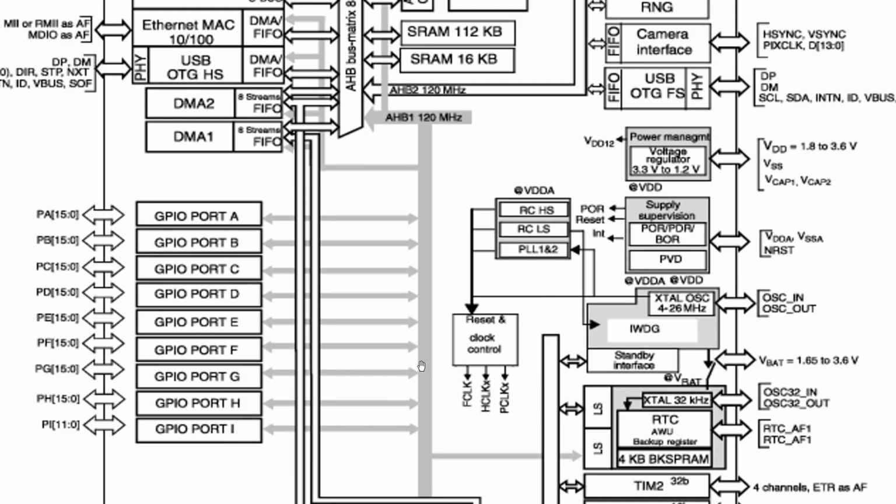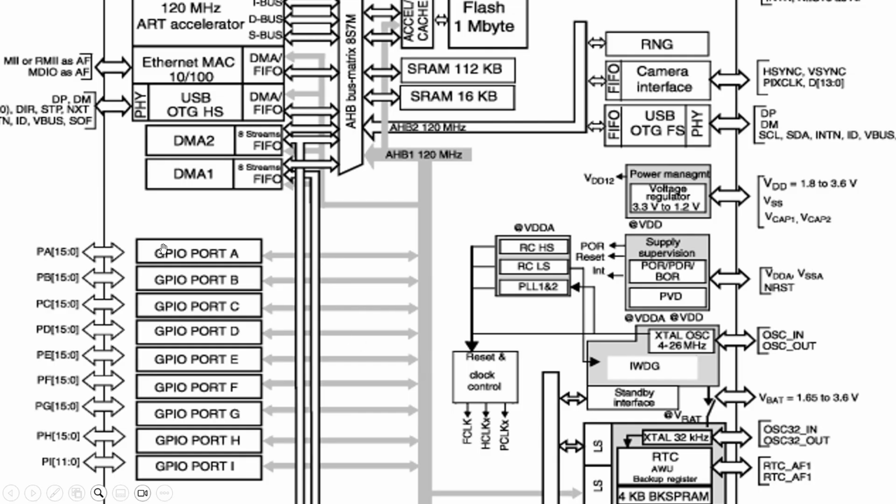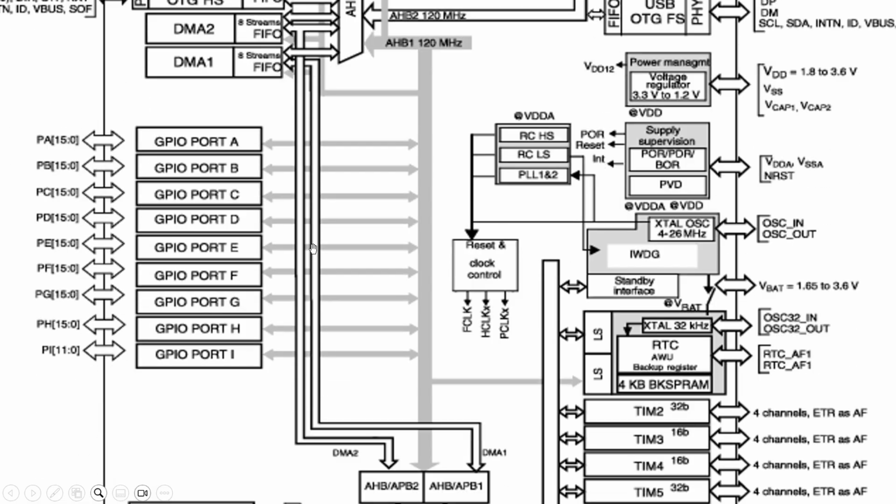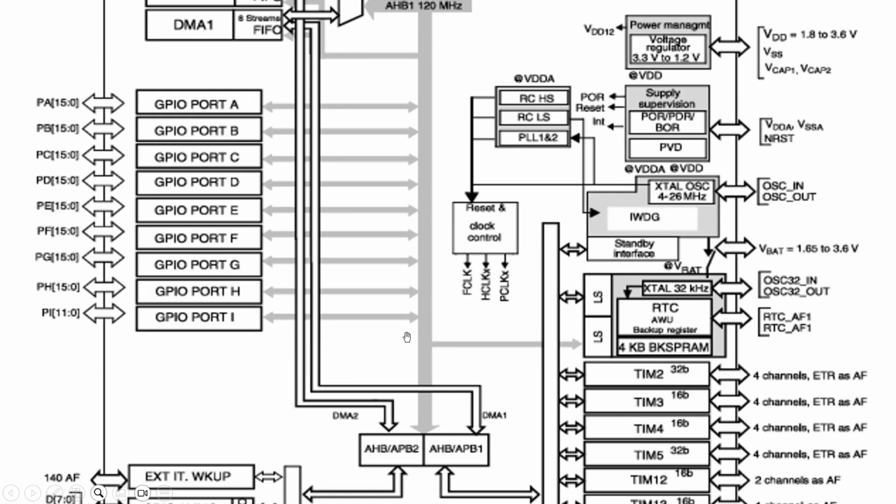Yes, sir. Because this port is sending some data, where will this data go? To the AHB1 bus. From the AHB1 bus the data will go to the AHB bus matrix, and from the AHB bus matrix the data will go to the processor. This thing you understood?